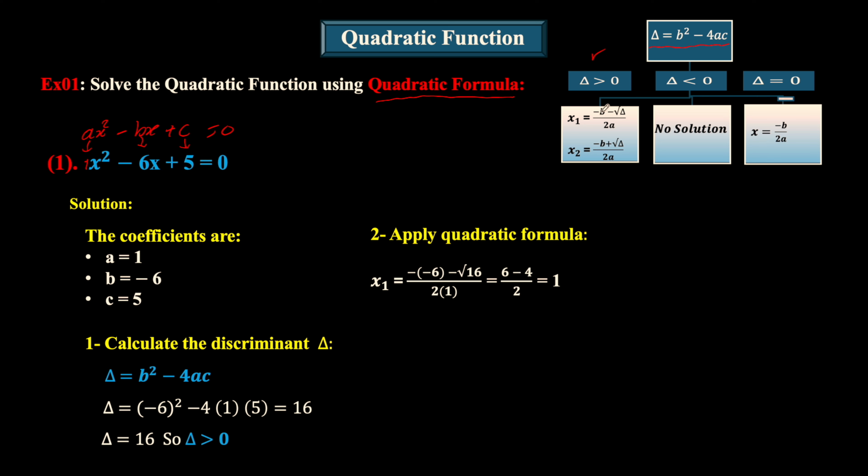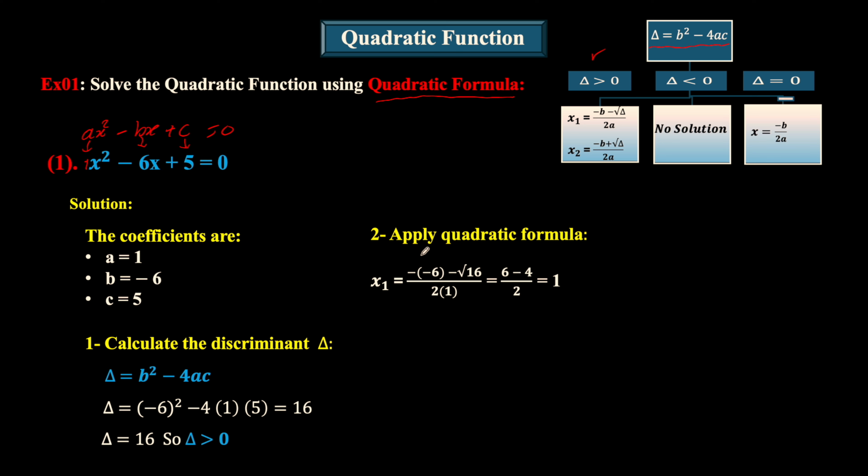B is here, minus 6, so minus 6 minus the square root of delta, which is the square root of 16, which we got from here, over 2 multiplied by a. 2 multiplied by a is 1, so we put 1.